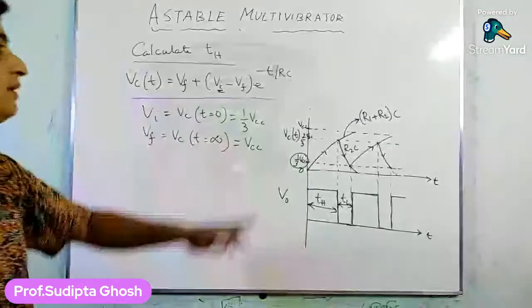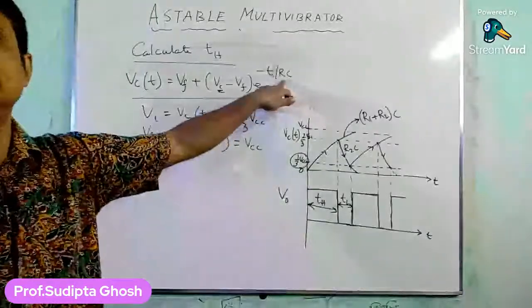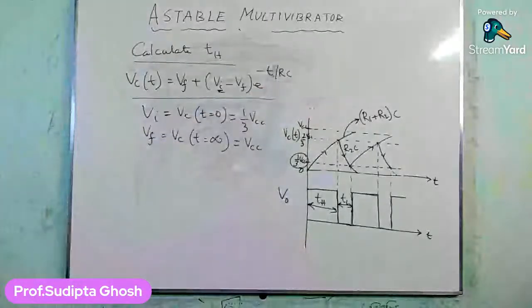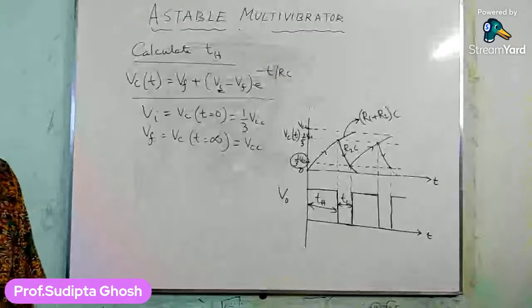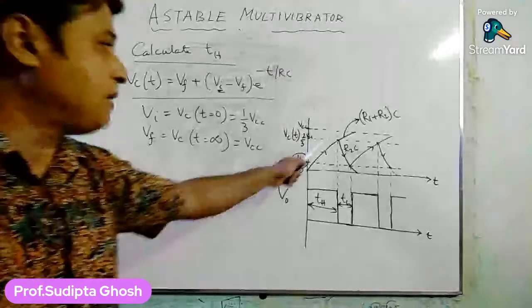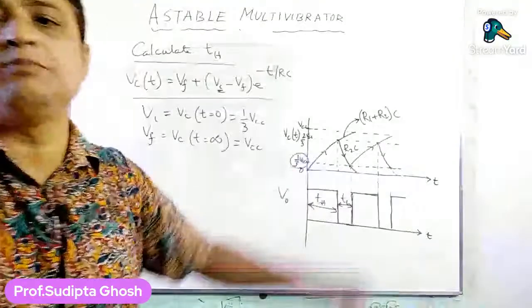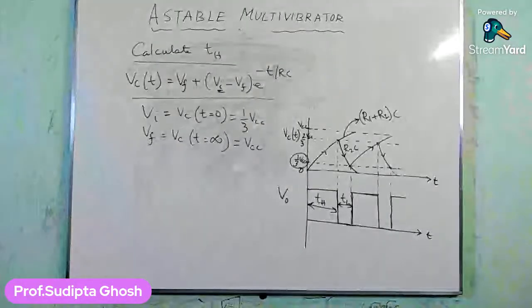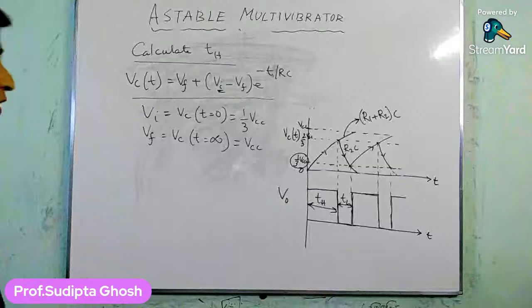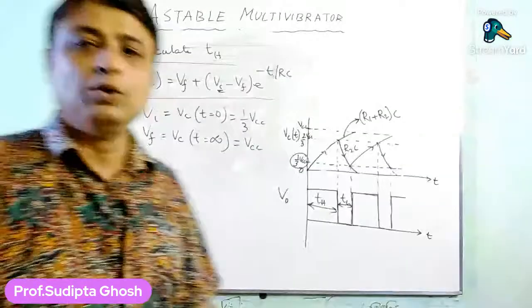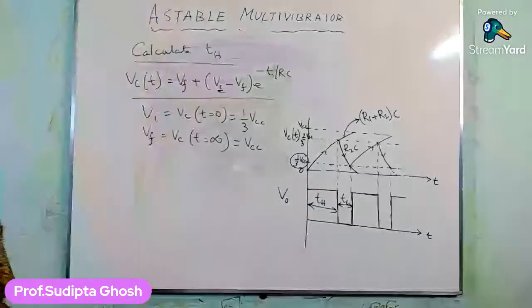One thing, this is R and this is nothing but the charging time constant. So what is the value of the time constant here? We already know that for the charging part, the time constant is R1 plus R2 into C. So putting the value of R in this general expression as R1 plus R2.